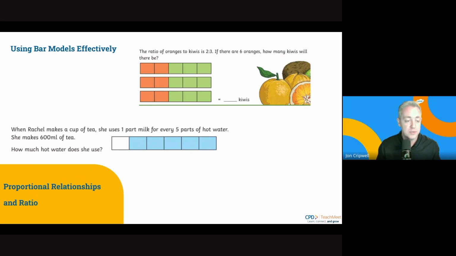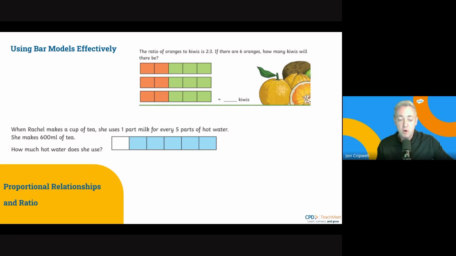And again, down here, 1 part of milk for every 5 parts of hot water. Rachel is clearly a very accurate person. She's making 600 milliliters of tea. How much hot water does she use? This sort of problem can be tricky because we're not sure if we're dividing by 5, or it doesn't mention 6 parts anywhere, does it?